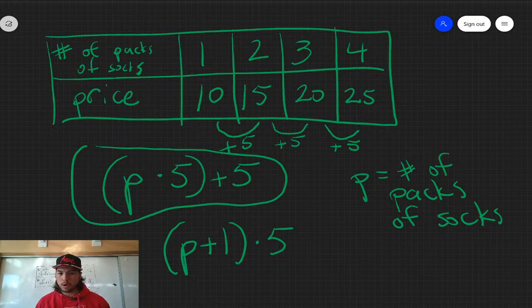P plus 1 times 5. Try plugging in some your 1, your 2, your 3, and your 4, and see if that works as well.